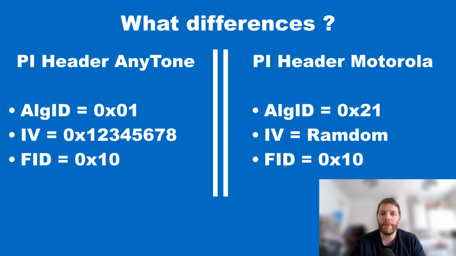Next, it's not a difference: the FID, the manufacturer feature set ID, which is the manufacturer ID, is exactly the same, 0x10 and 0x10, in all cases. The feature set ID is always 0x10.